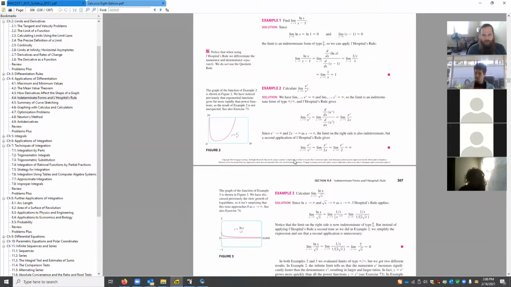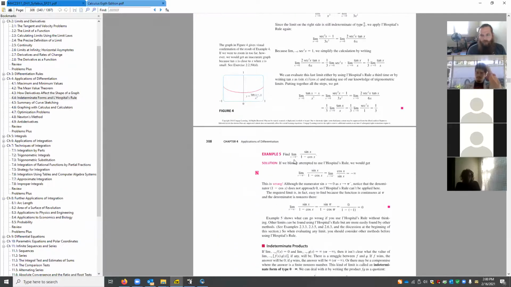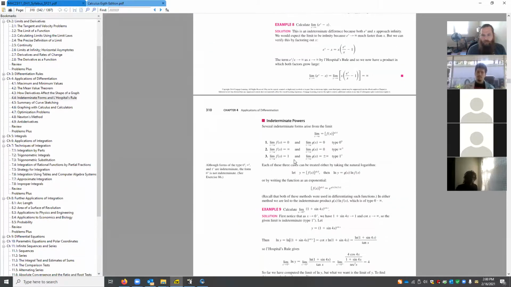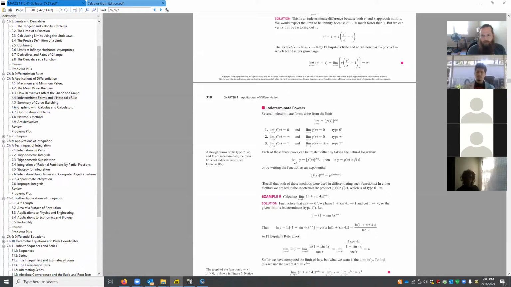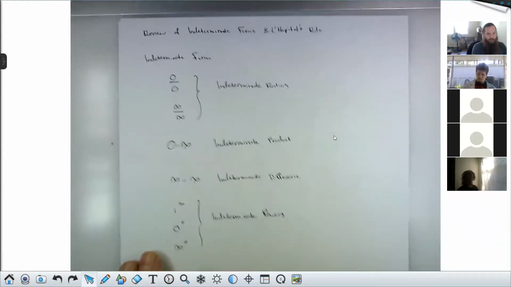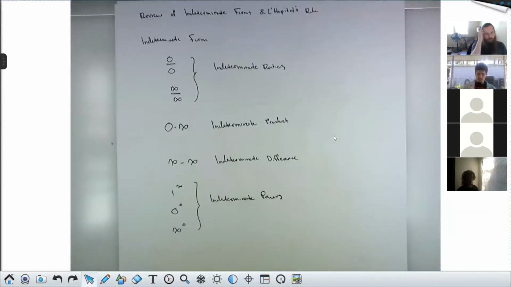Basically, you need two things to be fighting each other. So somewhere in here, I think we have a complete list of indeterminate forms. Powers, yeah, okay. 0 to the 0, infinity to the 0, 1 to the infinity. What did I miss? Infinity to the 0, yeah. So these three are called indeterminate powers. Okay. So this is a list of indeterminate forms.